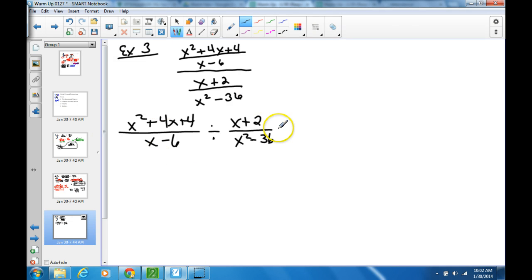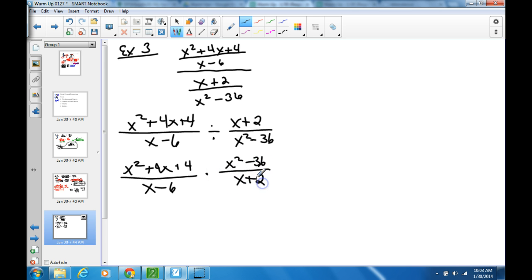Okay, so I have it written like this. Now I'm going to write it as multiplication and flip it like Cody said. All right.